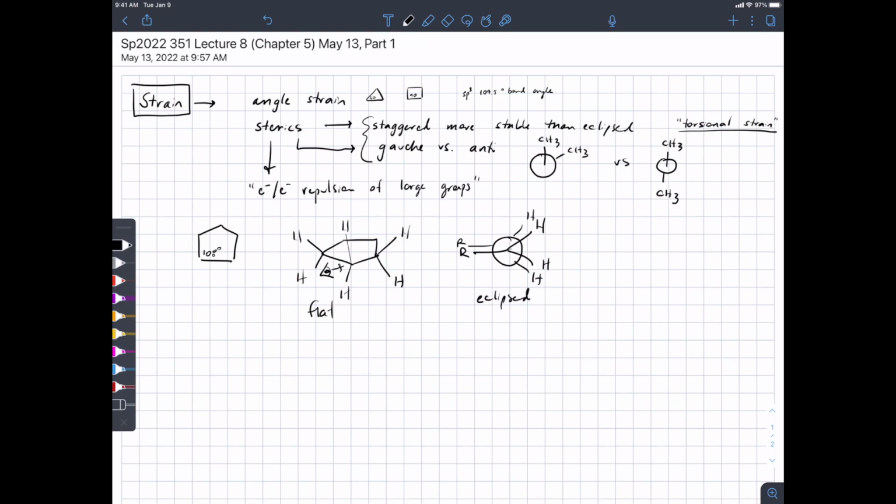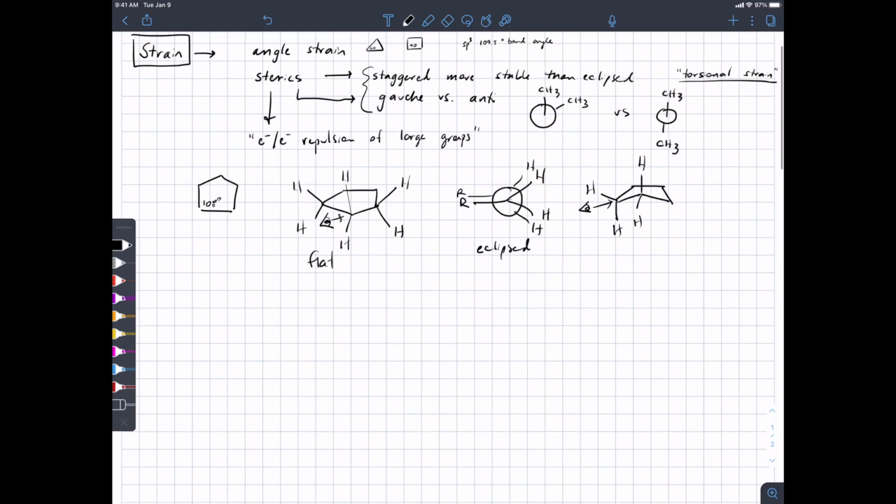So to avoid that, as I showed you, the 5-membered ring is going to adopt what some people call an envelope conformation, so that at least for some of these carbon-hydrogen bonds, if we were to look down a carbon-carbon bond, we would see a more staggered conformation than eclipsed.